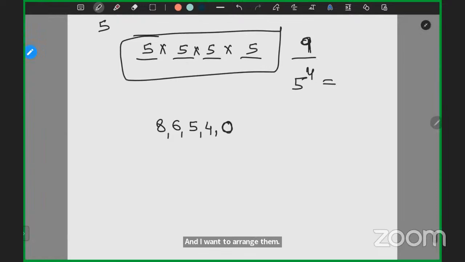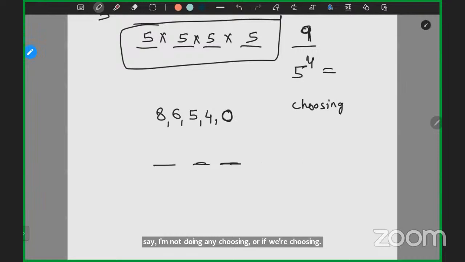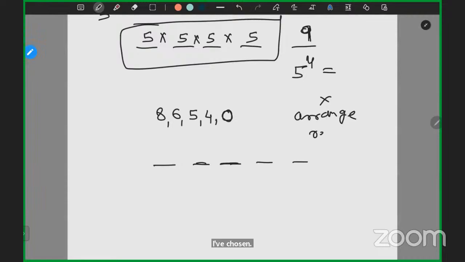How many ways can I form a 5-digit number? I'm not doing any choosing, only arranging. Let's say repetition is not allowed.